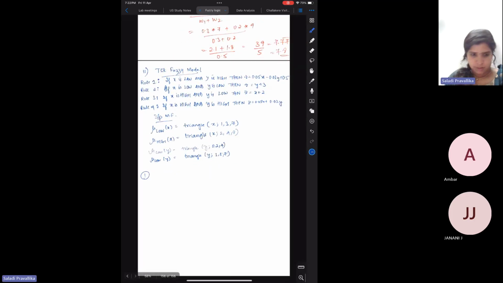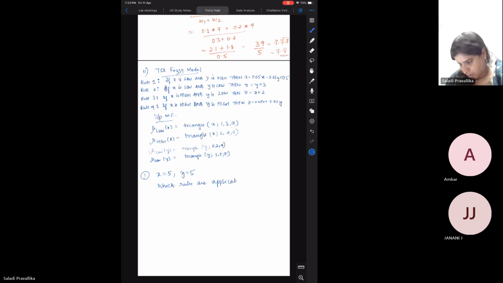So for the first question, for x equal to 5 and y equal to 5, which rules are applicable? So before you answer that, I also want these values. For x equal to 5, mu of high of x for x equal to 5.